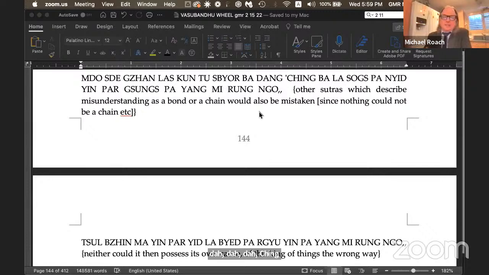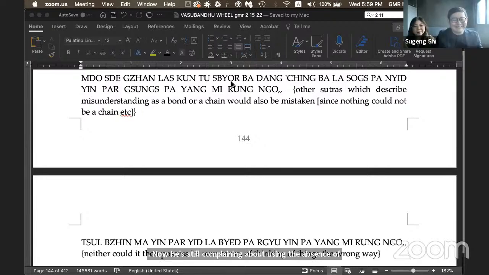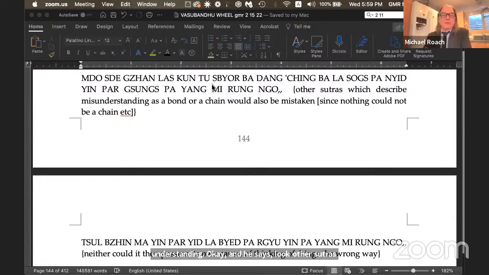Now he's still complaining about using the absence of understanding, okay? And he says, look, other sutras, in those sutras, which is how Uncle Tim told us to read it today, they talk about misunderstanding as a kundajoa. Kundajoa means like a bond or handcuffs.